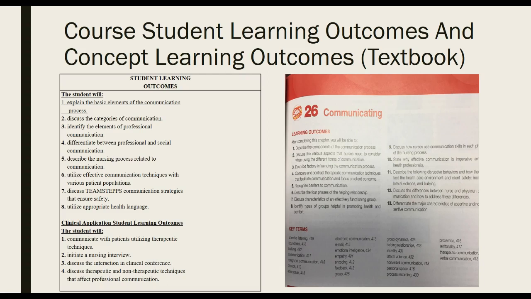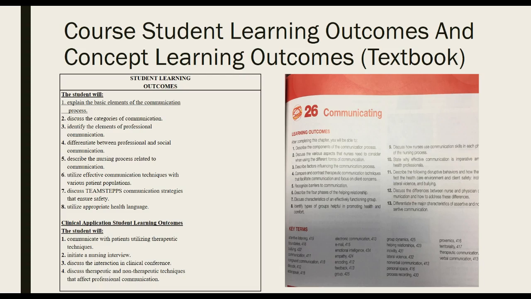If we look at identify the elements of professional communication on the student learning outcomes, we can begin to look at things now. It says to compare and contrast therapeutic communication techniques, and we see that it doesn't necessarily talk about the elements of professional communication in those.